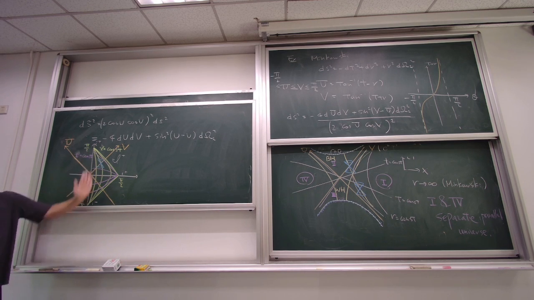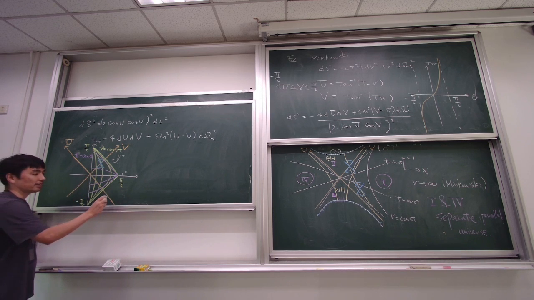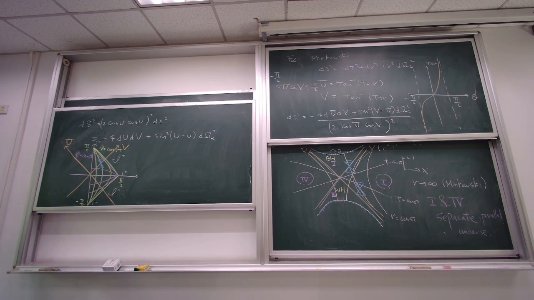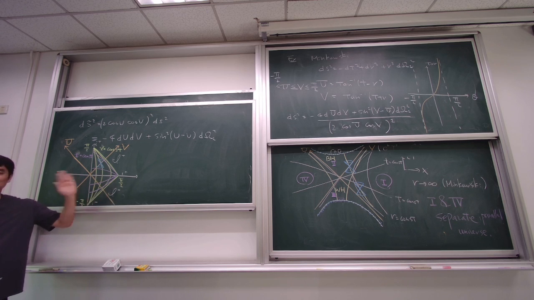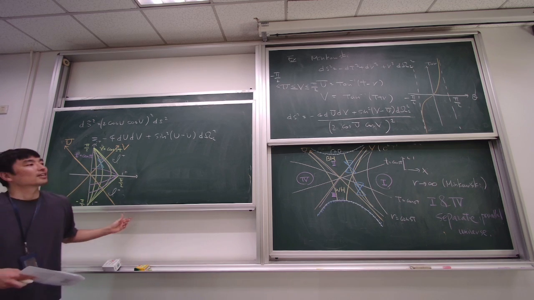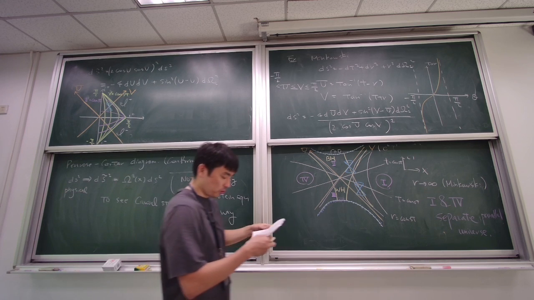That's why the particle trajectory goes this way and this way. So the past light-like infinity is called scri minus, script I minus. People in the GR community call it scri minus. So this edge is called scri minus. And that's what people usually use.